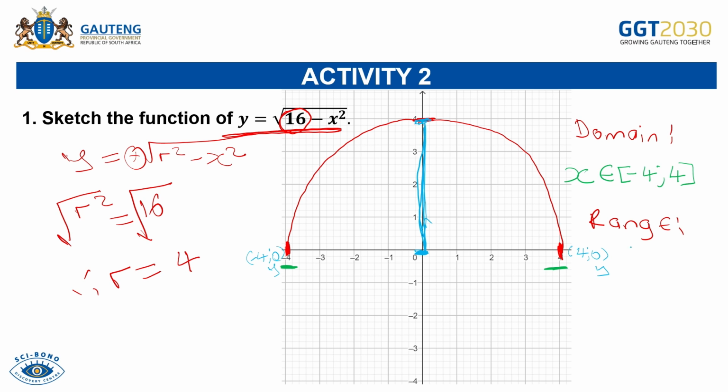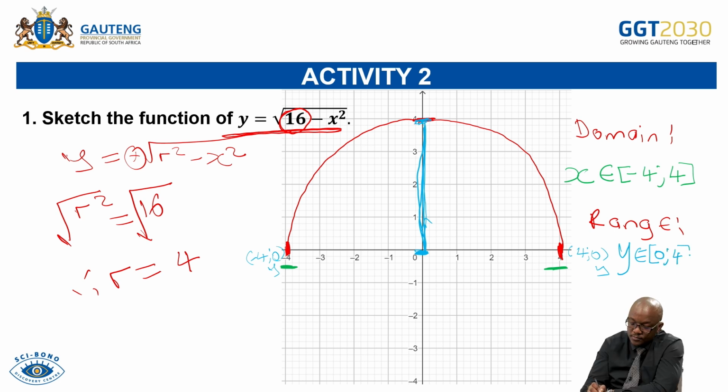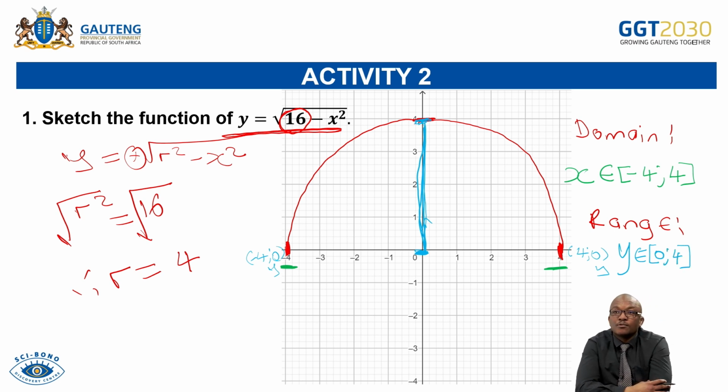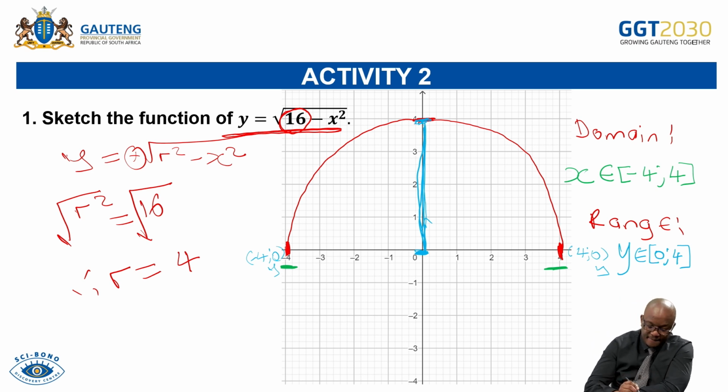Hence your range will be y is element of [0, 4]. So that's basically how you determine your range and domain on your semicircle.